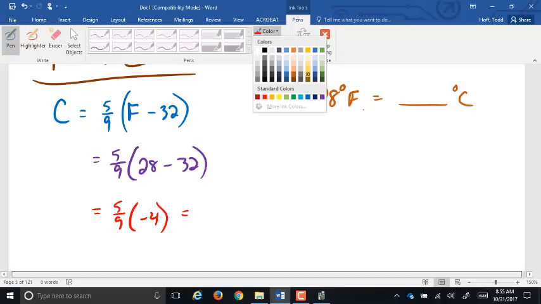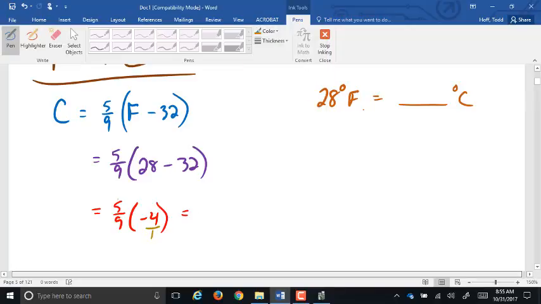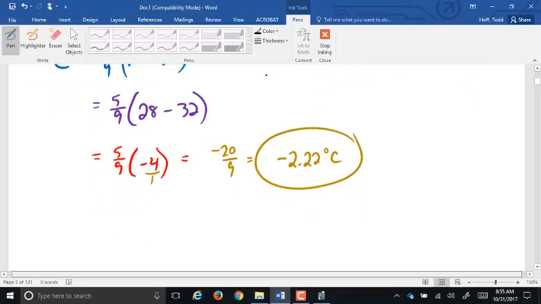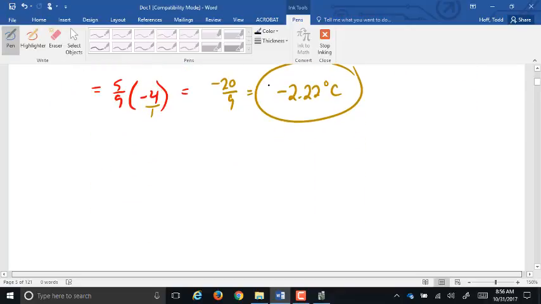Then we take that -4 over 1. 5/9 times -4 over 1 is -20 over 9, which is -2.22 degrees Celsius. So you can tell your friends it was below 0 this morning. Technically it was, yes.